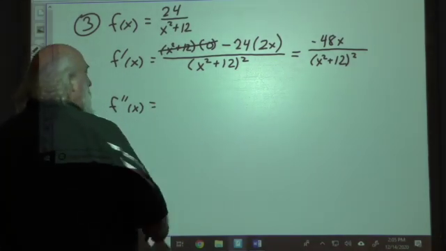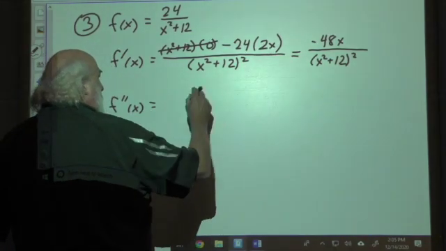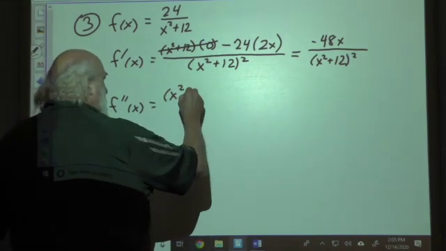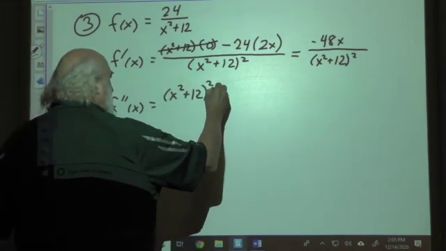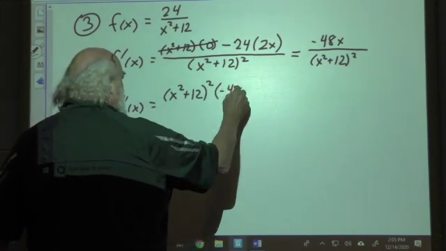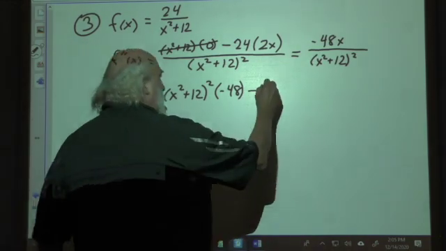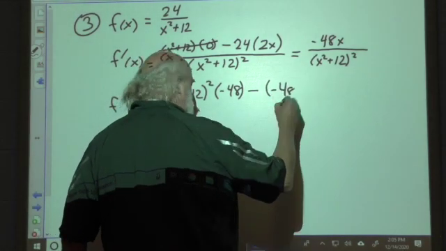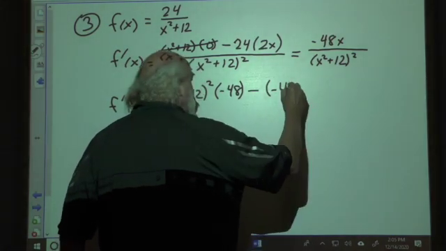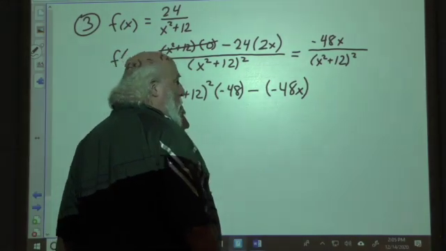We're going to do the same thing here and take the quotient rule again. This is x squared plus 12 quantity squared times the derivative of negative 48x, which we know is negative 48, minus negative 48x times the derivative of x squared plus 12 quantity squared.